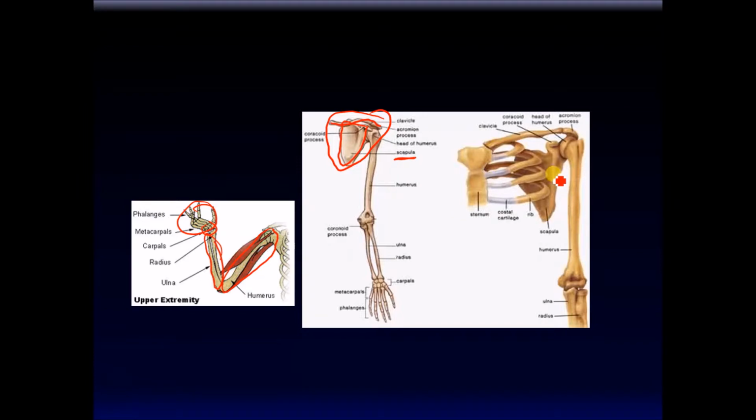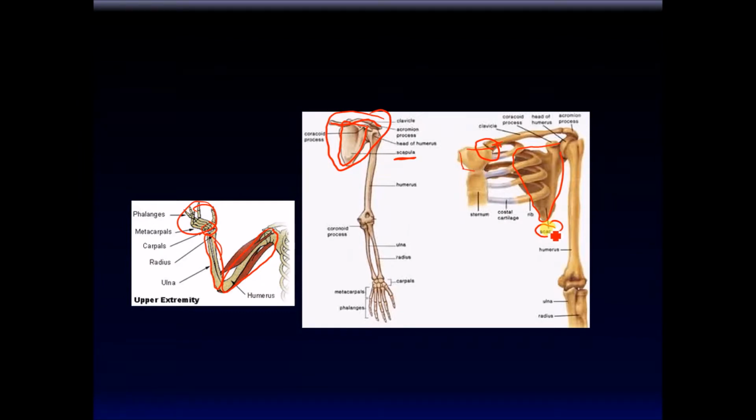In fact, the entire upper extremity is attached to the axial skeleton at only one joint right here, between the clavicle and the sternum. This part of the sternum, if you recall, is the manubrium. So there's only one joint between the upper extremity and the axial skeleton, between the clavicle and the sternum right here. This triangular shaped bone, the scapula, is not attached to the axial skeleton by any joints.